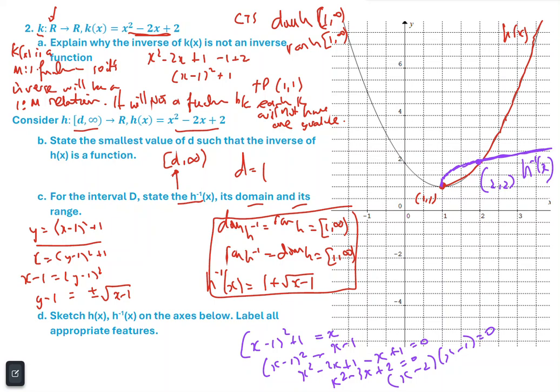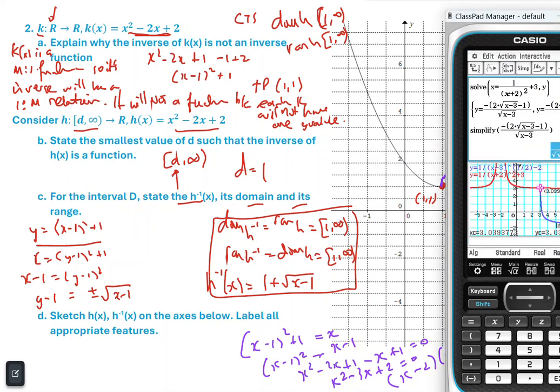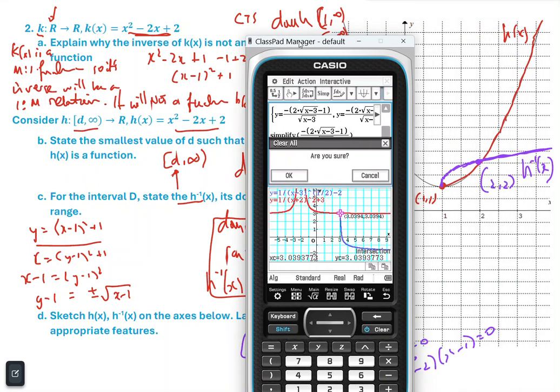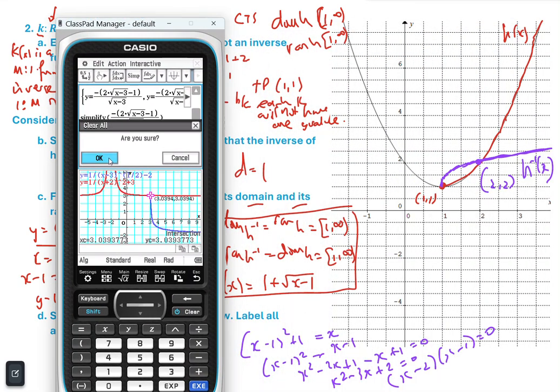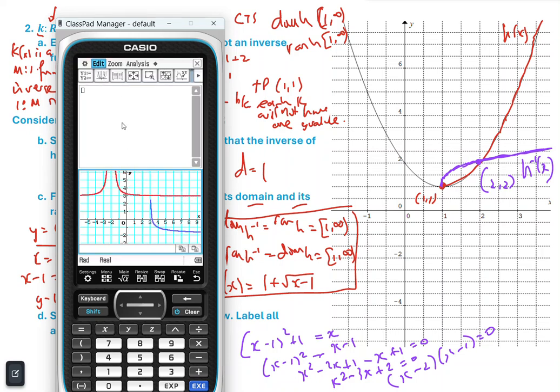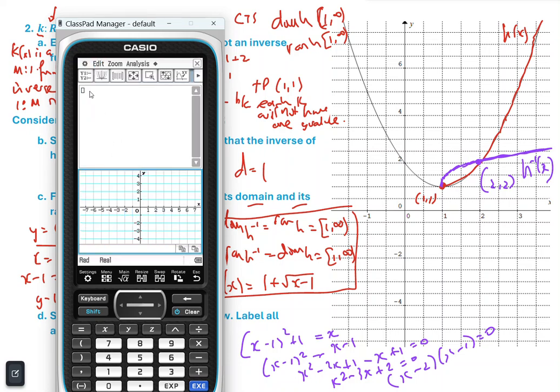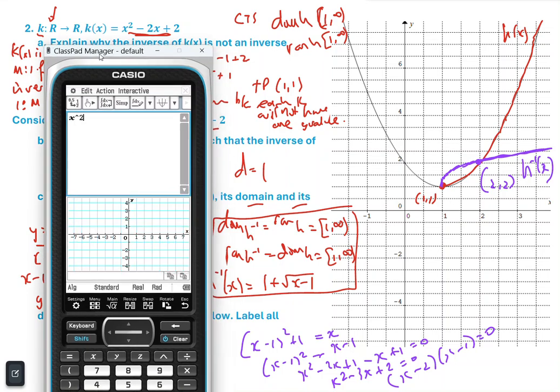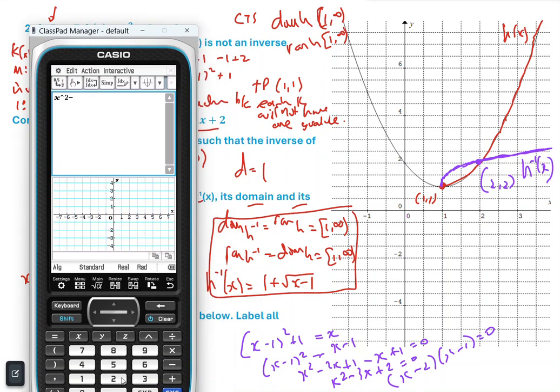And just to confirm that on a calculator, I might go edit, clear all. So I've got x squared minus 2x plus 2.